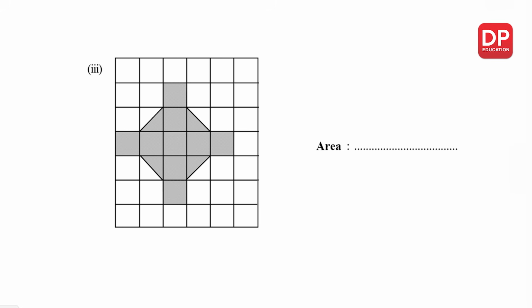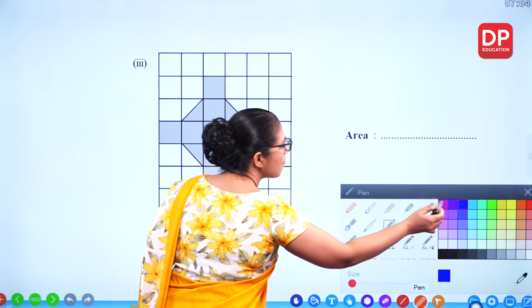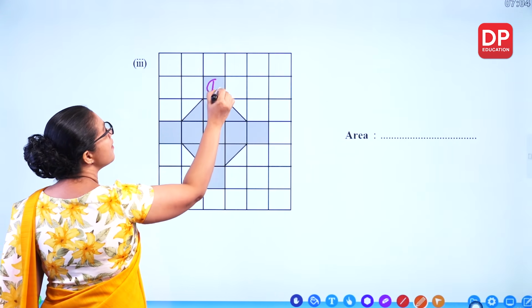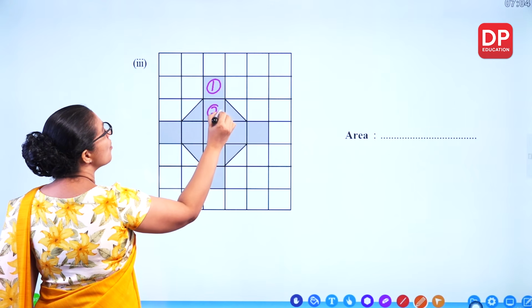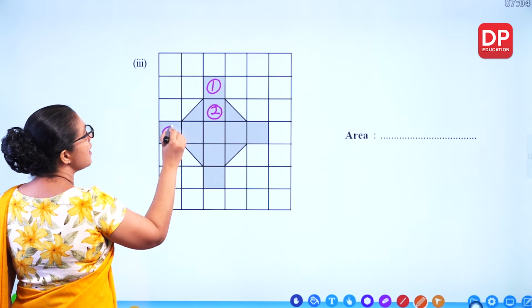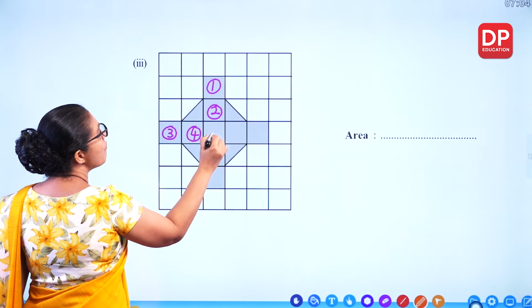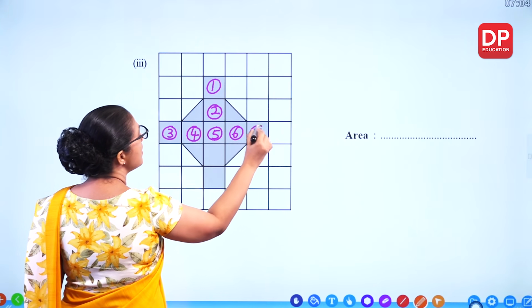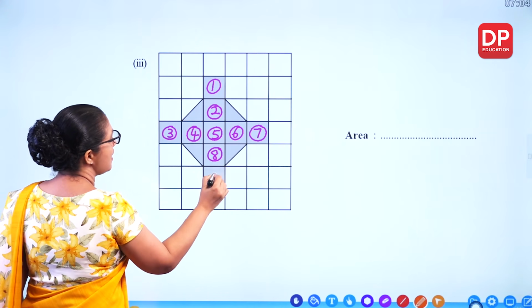Look at this diagram. Count how many squares are there. We'll count from here. 1, 2, 3, 4, 5, 6, 7, 8, 9.